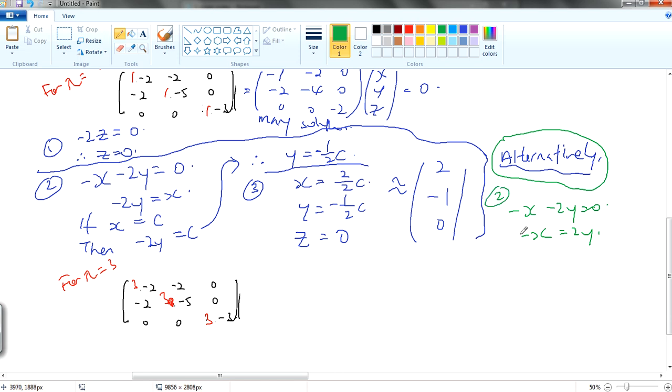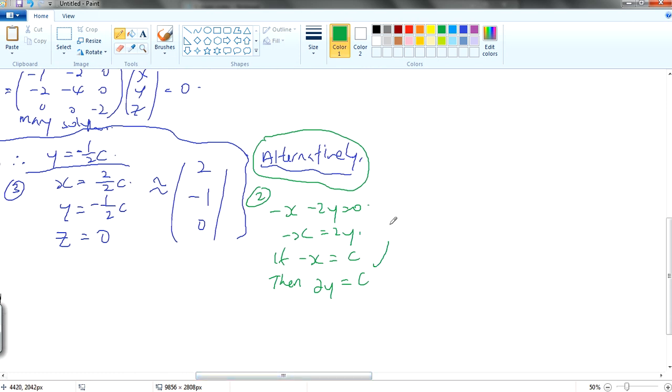Let's try. And then if minus x is equals to c, then 2y is equals to c, right?